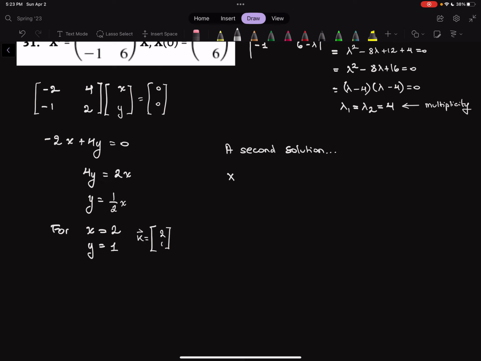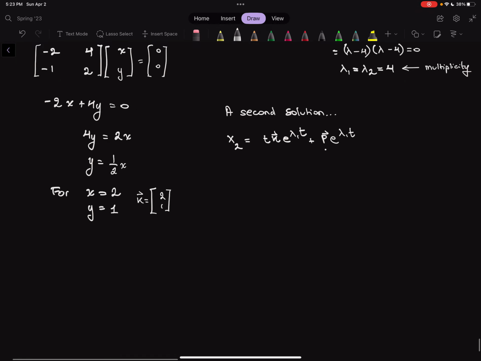with the form that looks like this. The form is t times k times e to the lambda 1 times t plus, no, now we don't have k, now we have p e to the lambda 1 times t. Now how do we find that?